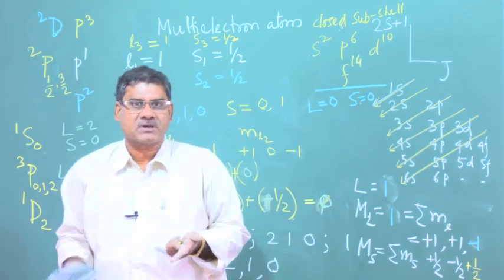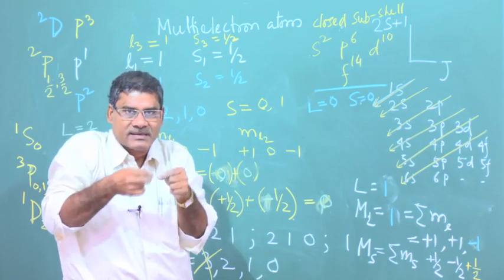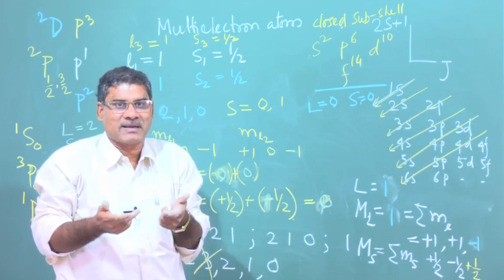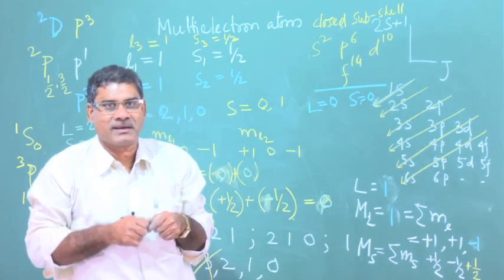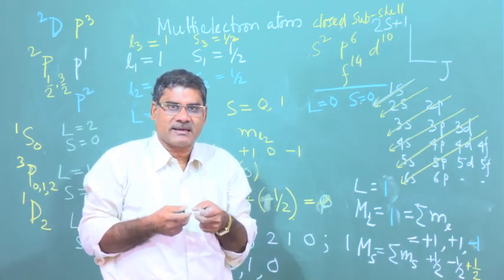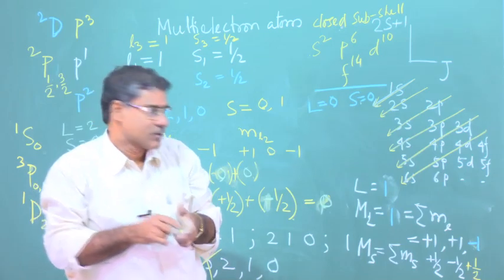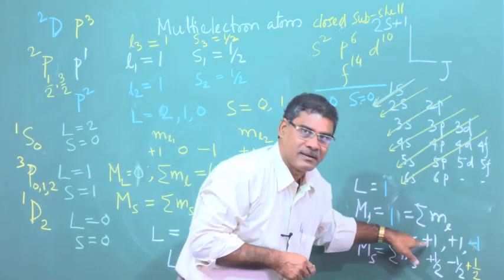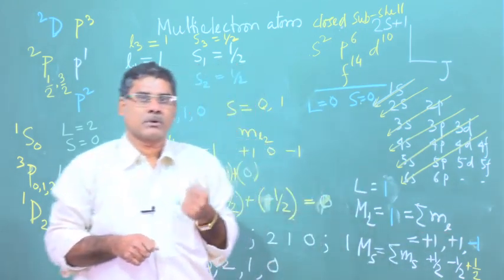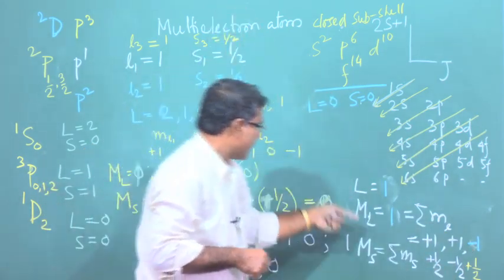Other combinations may be possible, but generally here we try to take as many same values as we can. Dependent values do not matter, because they will not violate the Pauli exclusion principle, but we should check by taking the maximum number of same values of ML and MS. So here the maximum same ML value is plus 1, and then obviously the third one I have to put minus 1.